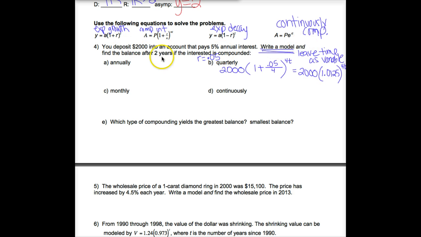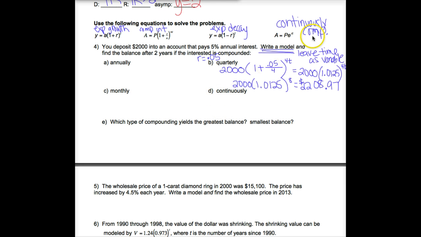Then find the balance after 2 years. So now you plug in the 2 and actually solve. 4 times 2 is 8, and that should give you your answer that is on the answer key, which is $2,208.97.